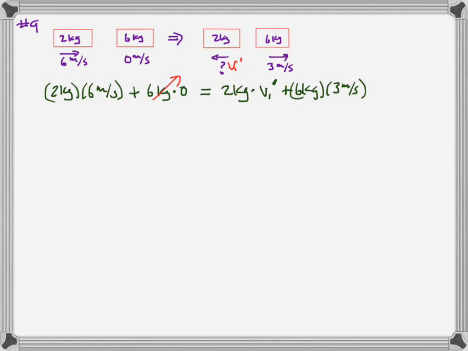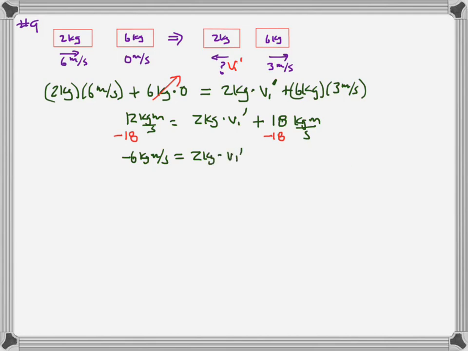So now we have to do some algebra, and we're going to solve. So we get 12 kilogram meters per second is going to be equal to 2 kilograms times that v1 prime, plus that 18 from the block on the right. So now we're going to have to isolate v1 prime, subtract 18 from both sides. I get negative 6, and then I'm going to divide that by 2, and I will get that velocity v1 prime is negative 3.